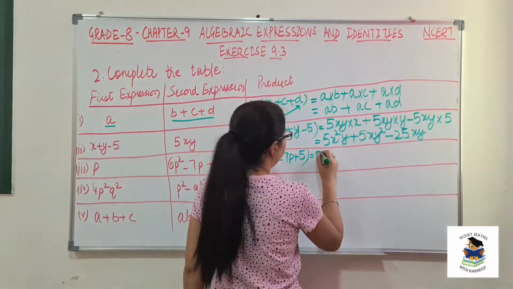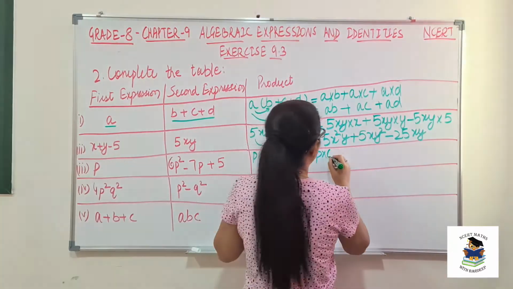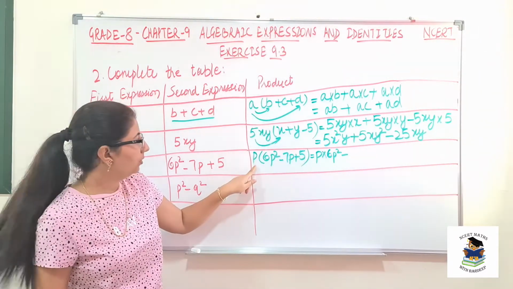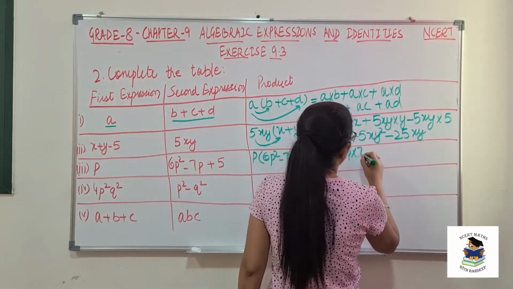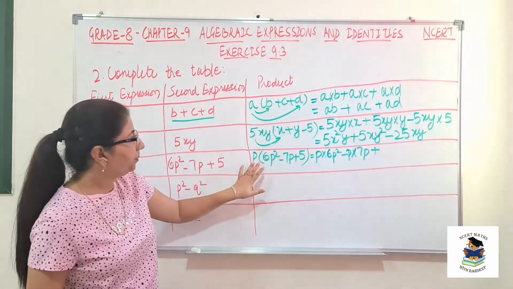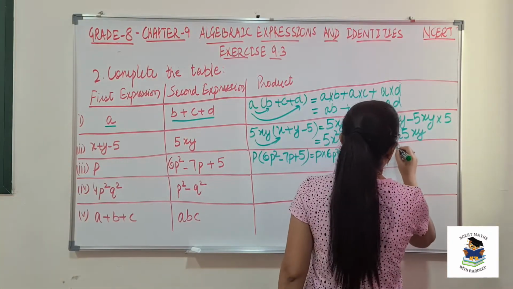So that is P into, first is 6P square, minus sign. Now this P into 7P, plus sign. So P into 5.